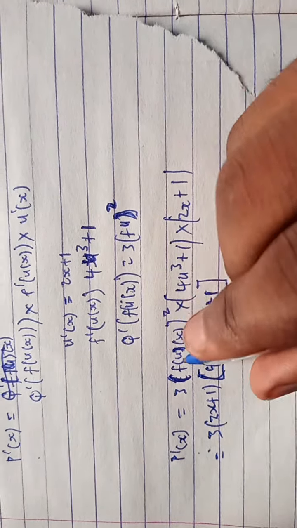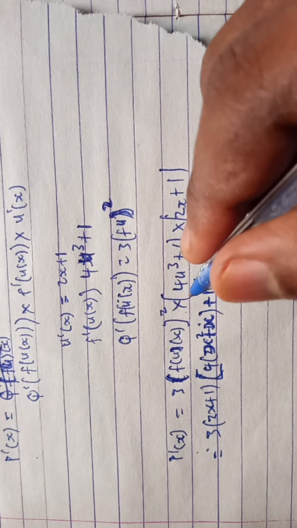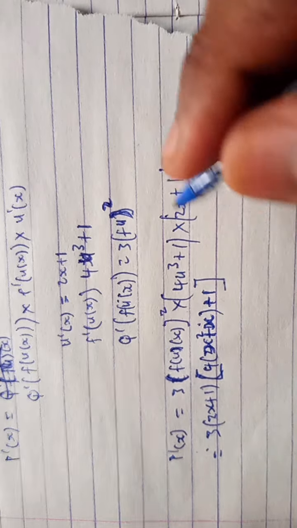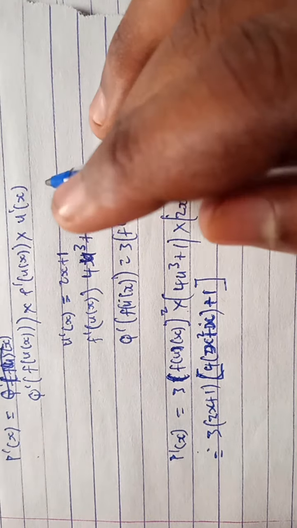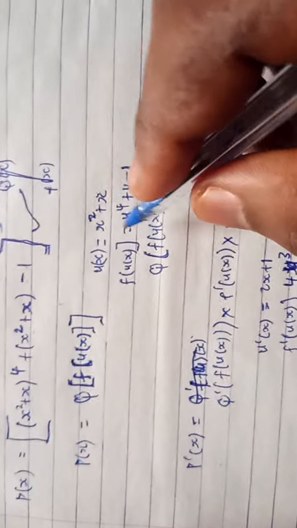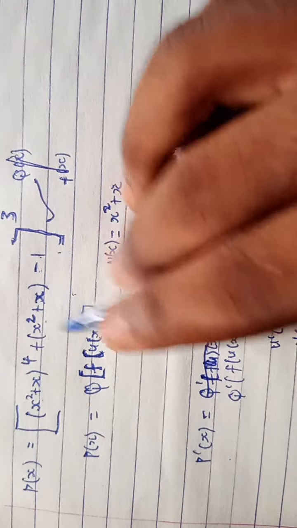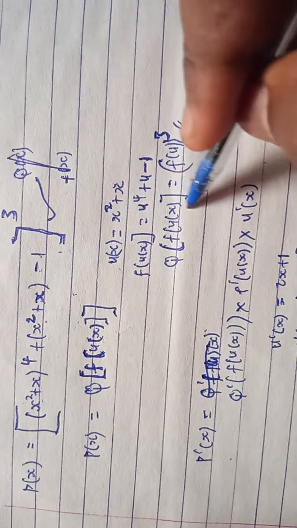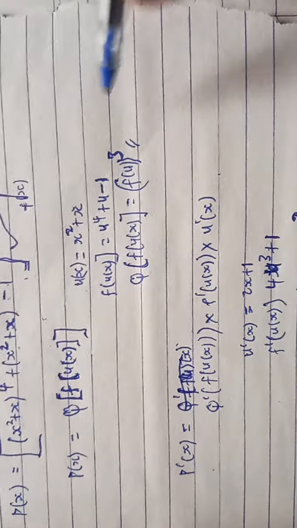Then multiplying by the whole of this, f of u of x squared. I brought a 3 here. So f of u of x squared. What is f of u of x? So f of u of x is the whole of this. So that one squared.